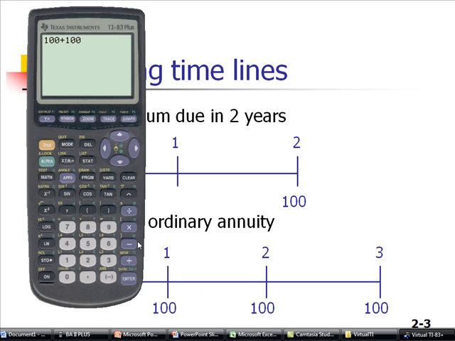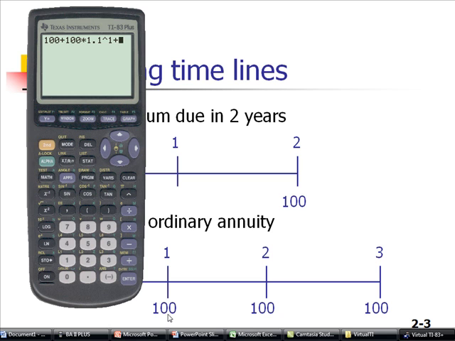We're going to take the $100 and multiply by 1.1 to the power of what? Actually just 1 in this case, because it has 1 year to earn 10% interest. And by the way, the 10% is the reason we have this factor of 1.1. I'm taking 1 plus the 10% interest.